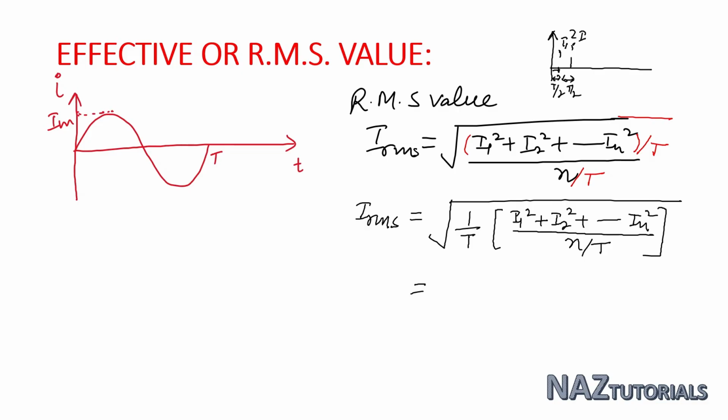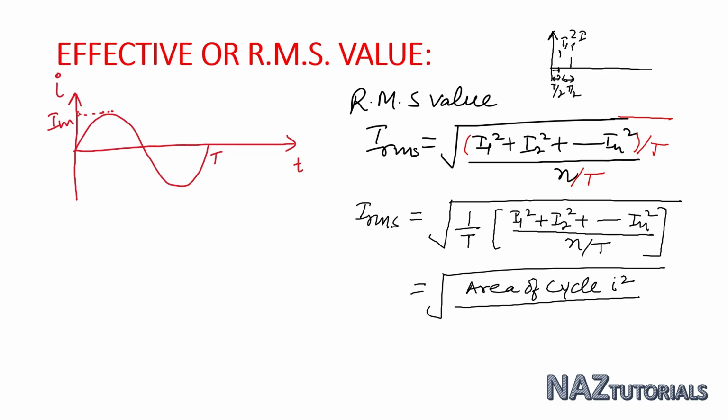It means you can say it is the area of the cycle of I square divided by this time period T, or you can say the base of the cycle.